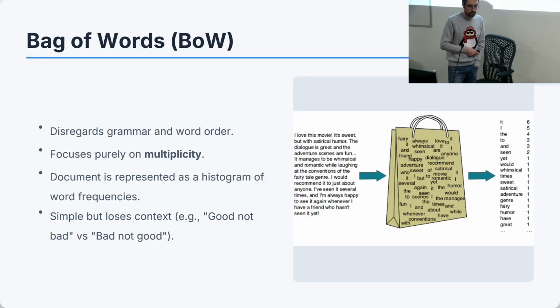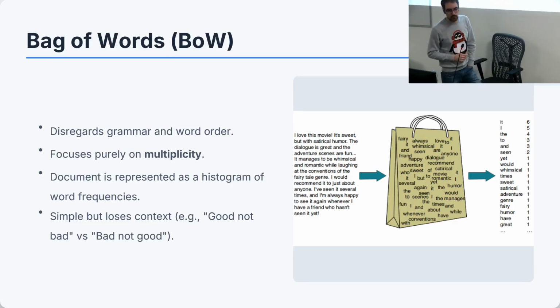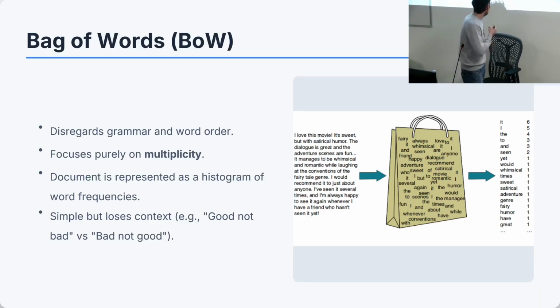So first, you already lose the order of the words, and we know that any language has its own rules. By losing order, you also lose the context. Every word is represented individually.